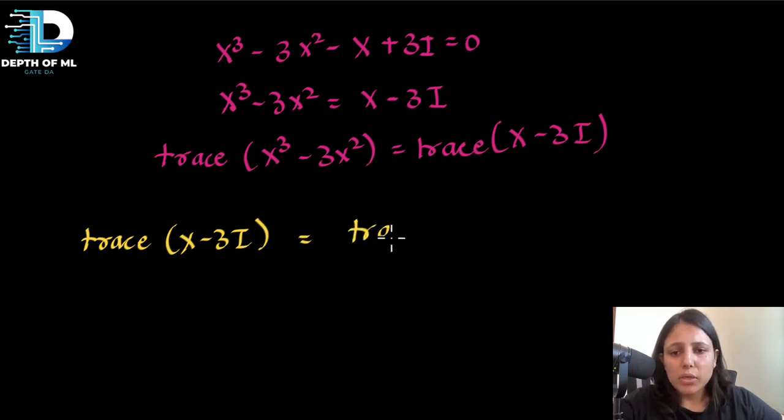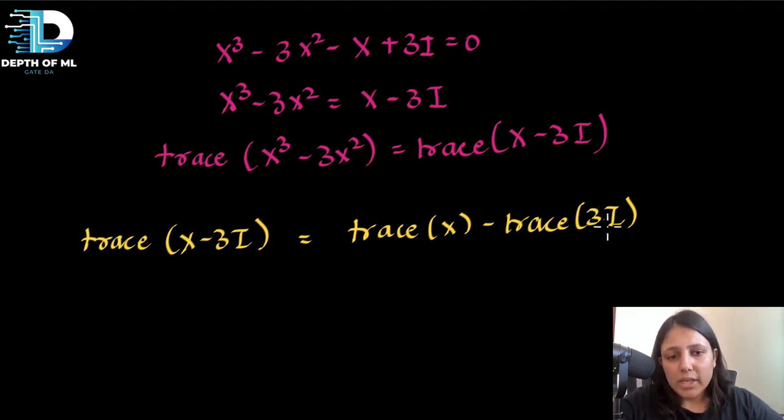So this is equal to trace of x minus trace of 3I, right? And trace is nothing but the sum of eigenvalues. So I can take this 3 out, because it's a sum. So this is trace of x minus 3 times trace of I.